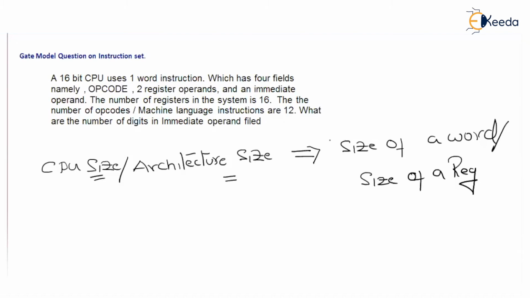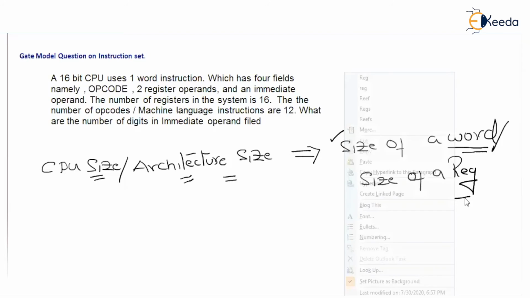Let us stay focused. What is the size of a word? When we go to the main memory, one word size is equal to the architecture size. The word size and the architecture size, and of course a processor's register size, will be one and the same.